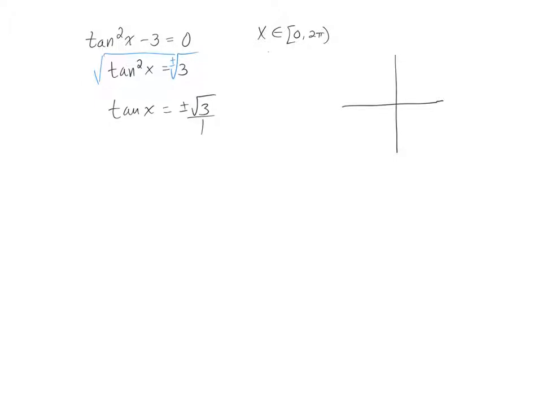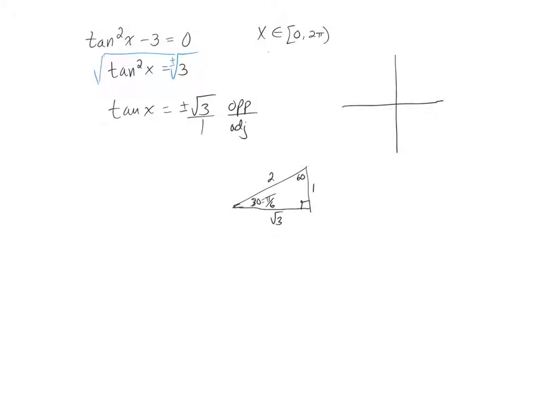So let's think about what angle would have a tangent of root 3 over 1. So if we remember that it's the 30, 60, 90 that has root 3 as one of its side lengths, you can think of, okay, the 30-degree angle, which is pi over 6, has 1 across from it and root 3 and then a 2. And you think about this as opposite over adjacent.